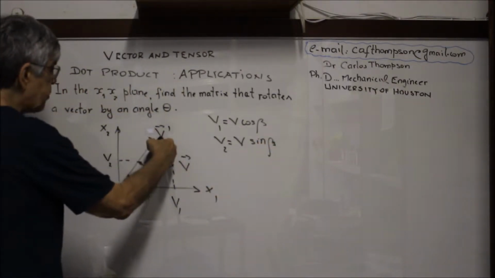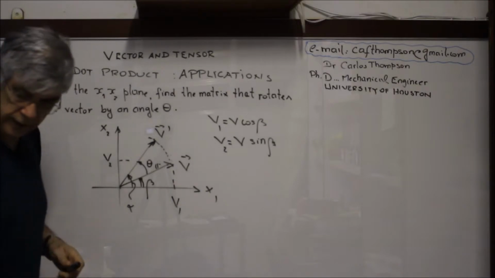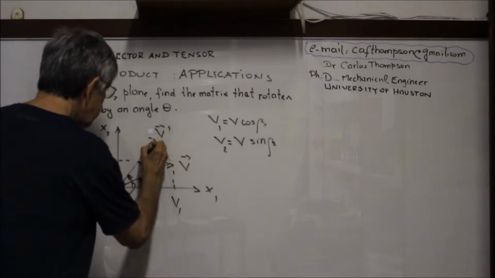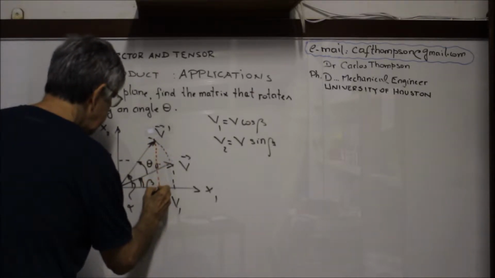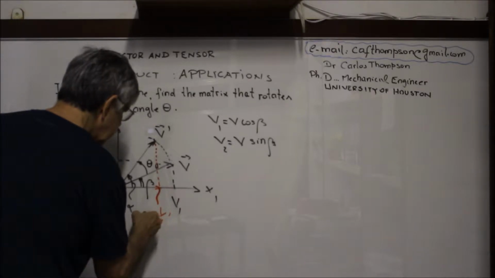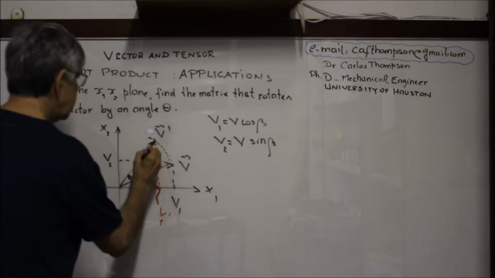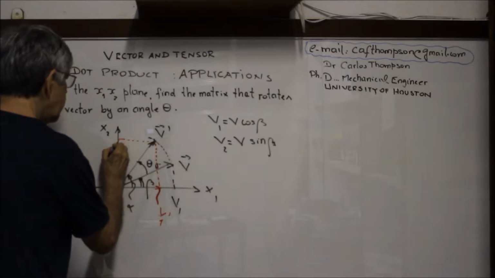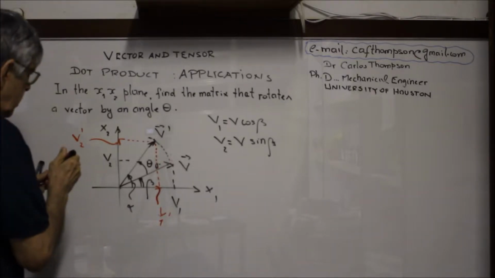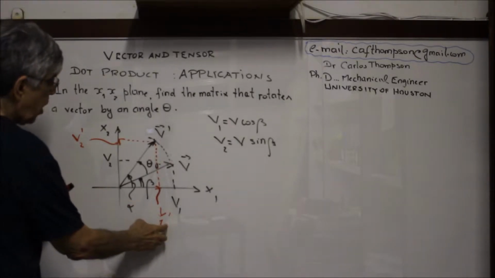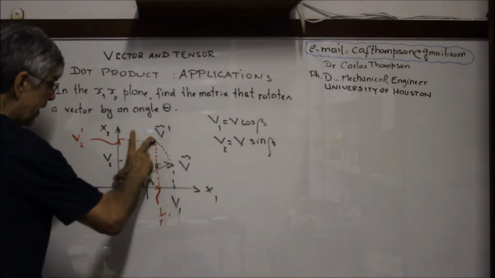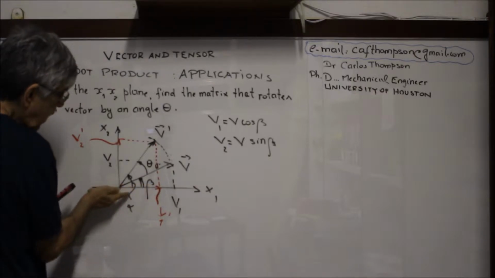Now this is v prime. Now I'll do it like this. I project here, this is v prime 1, and the projection here is v prime 2. So v prime 1 is v prime, the magnitude, times cosine of alpha.